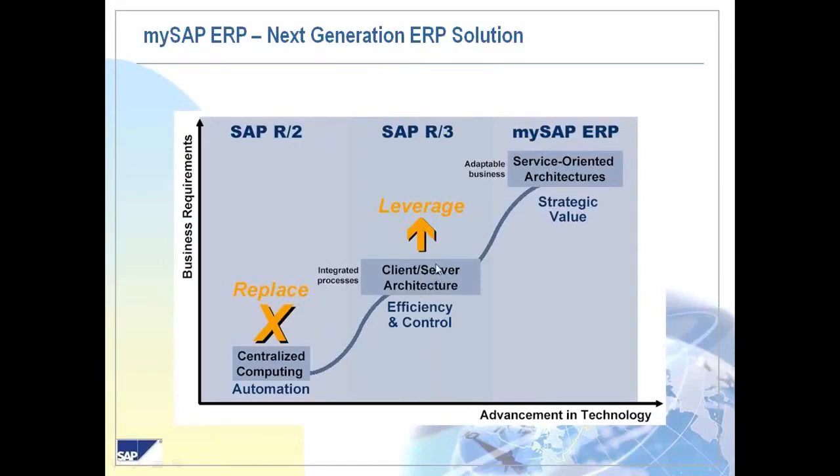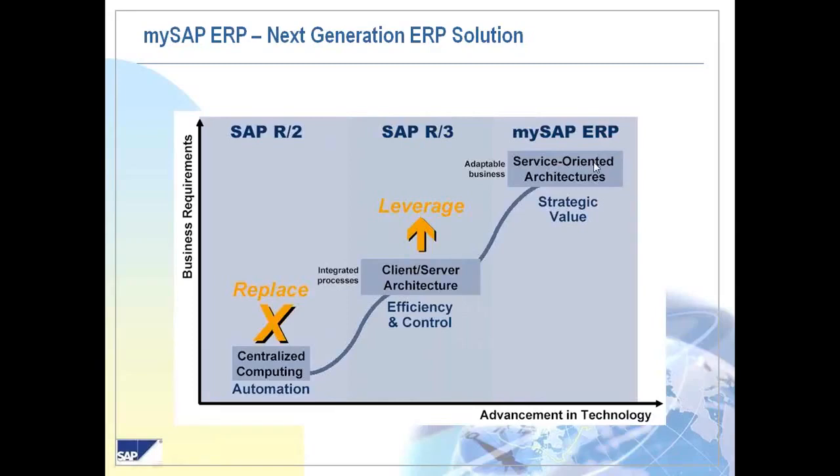Normally it is very popular among all the SAP products. It focuses on efficiency and control, so it is more focused on internal processes, that is integrated processes called internal business.